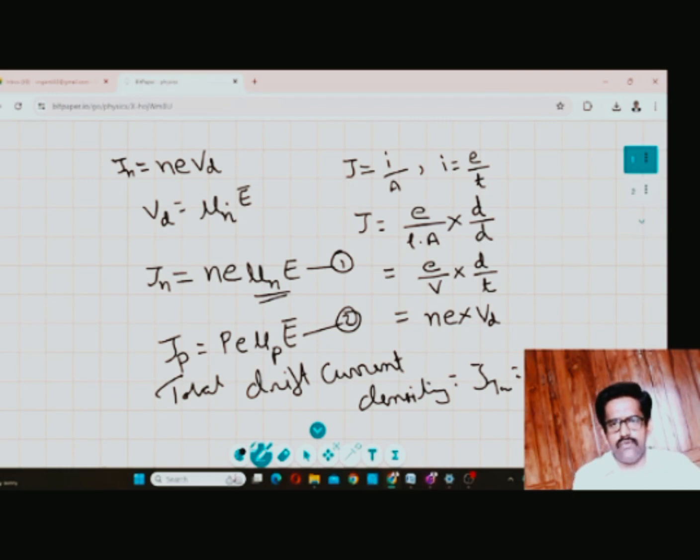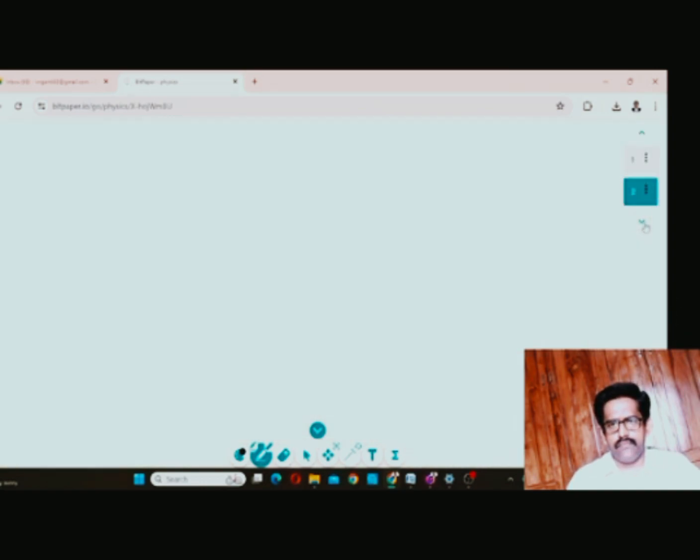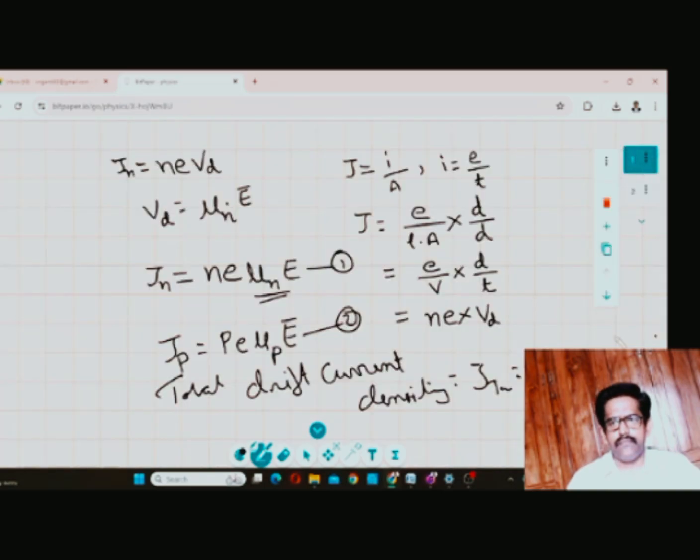So we get J total equals n e mu n E plus p e mu p E. This represents the total drift current in a semiconductor.